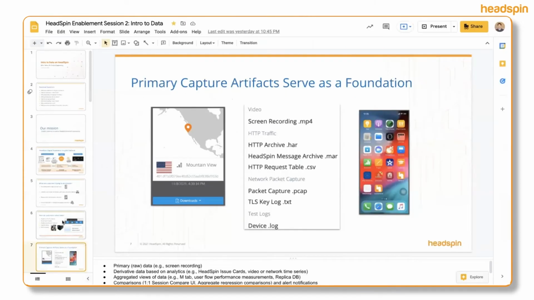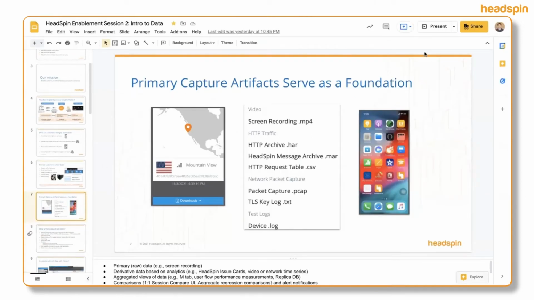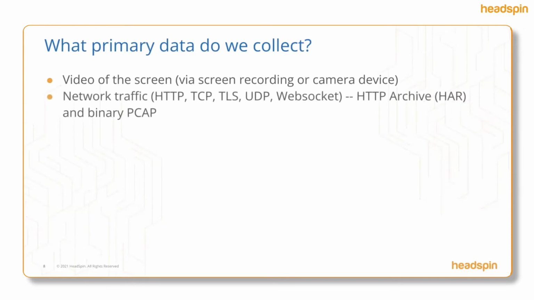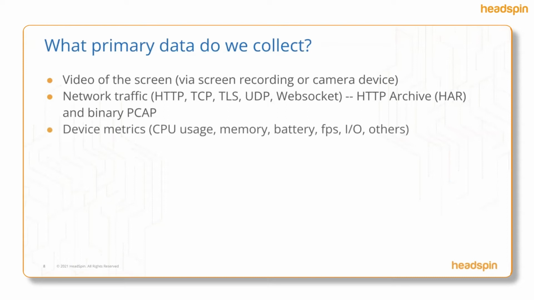Just to be thorough about this, we capture the screen recording, network traffic, and that includes HTTP, TCP, TLS, UDP, and WebSocket. And these are surfaced in standard formats like the HTTP archive, which is a JSON format, and the binary PCAP file. Device metrics, which include CPU usage, memory, battery usage, FPS, input, output, and others.